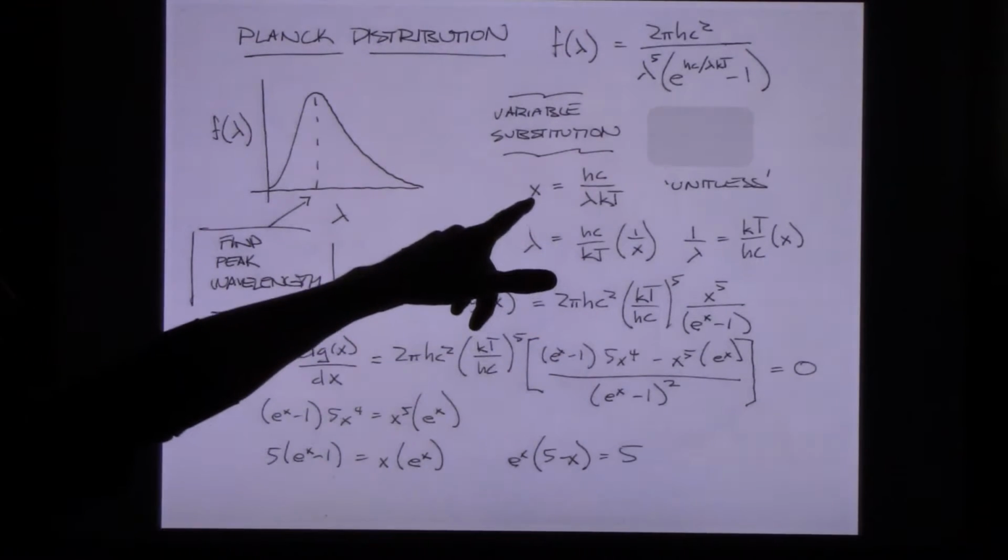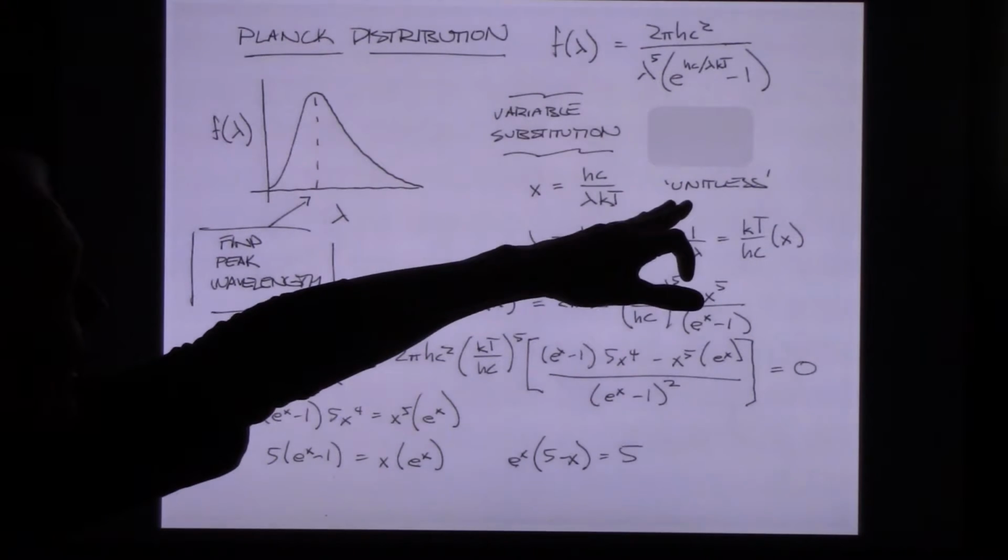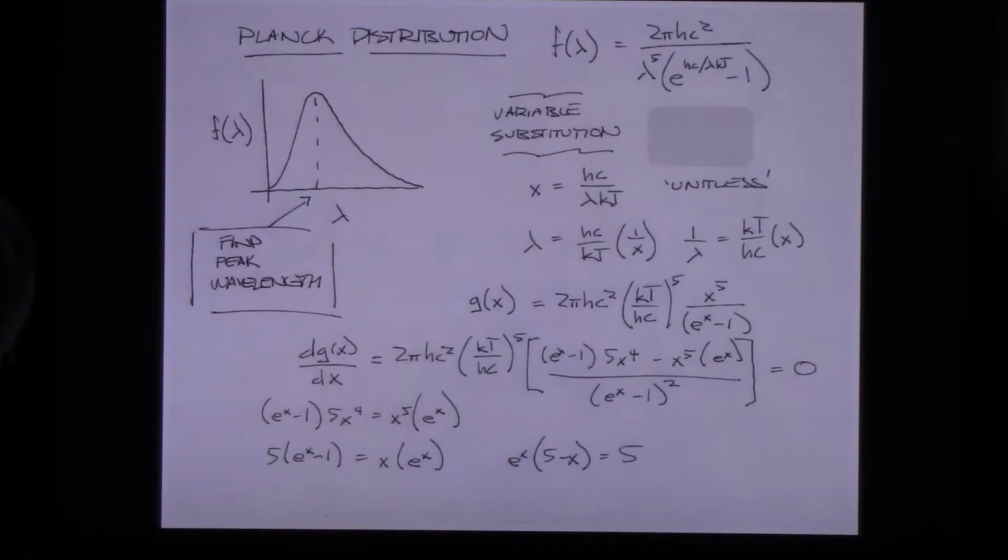And the other feature for us as physicists or as engineers is x is unitless. You very seldom are forced to deal with units in math classes, but in physics, every problem has units.